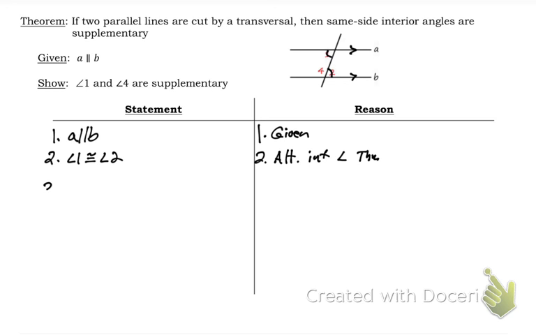So my next step is to actually say that angle 2 and angle 4 form a linear pair. And that's the definition of a linear pair.